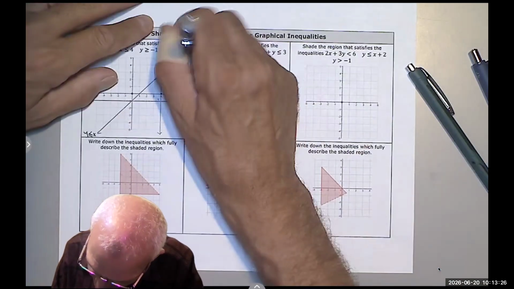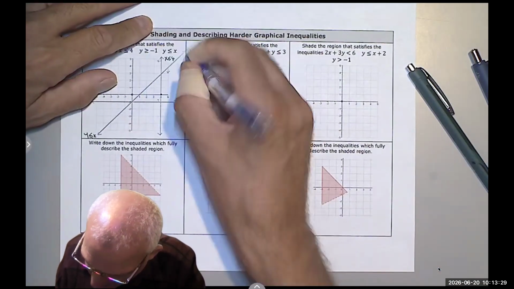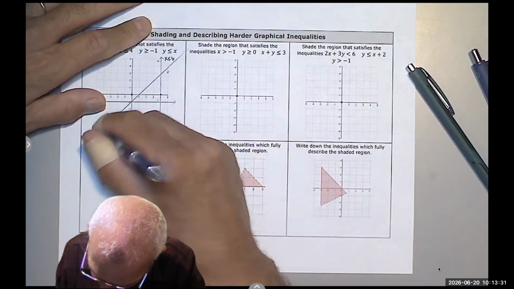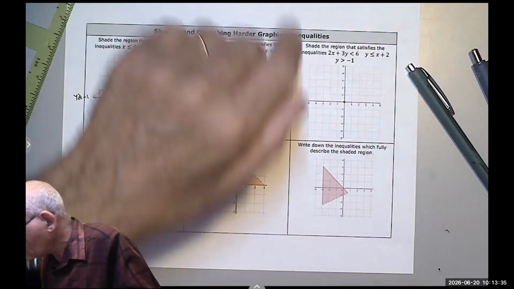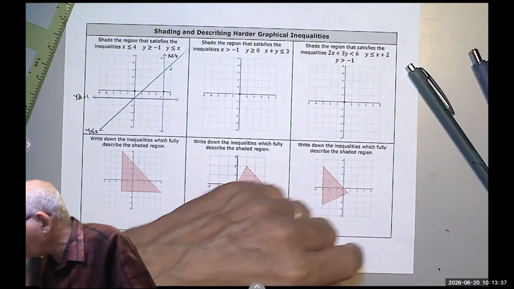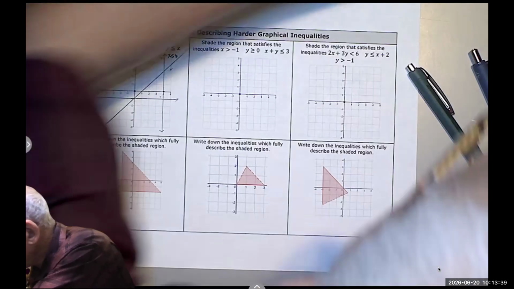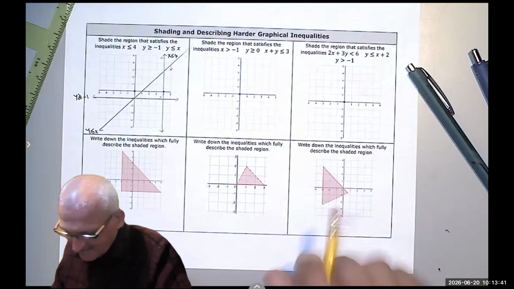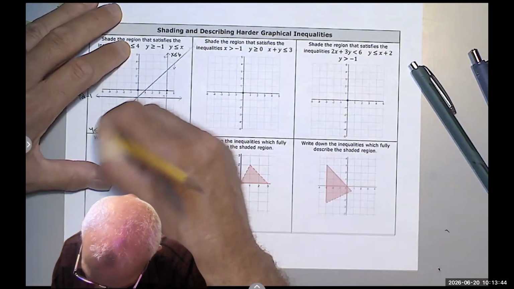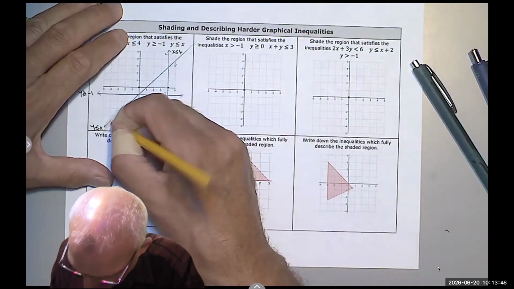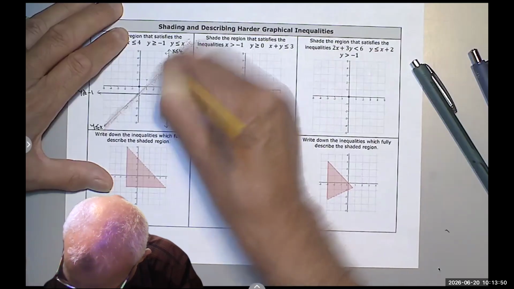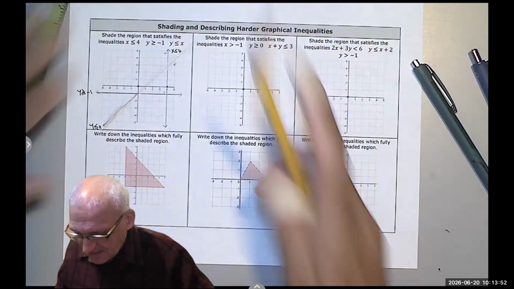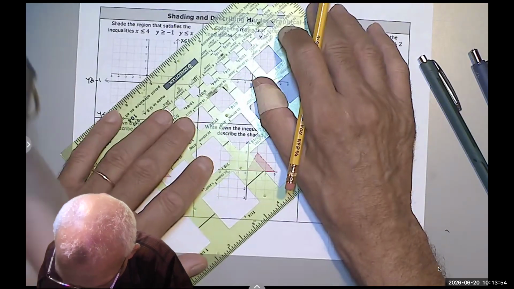I said it's so easy to draw, but, okay guys, I should cancel this and start a new one, I think. Oh my God, how did I not see that this wasn't the origin? Okay, sorry guys, this doesn't erase properly, but here is the y equals x.